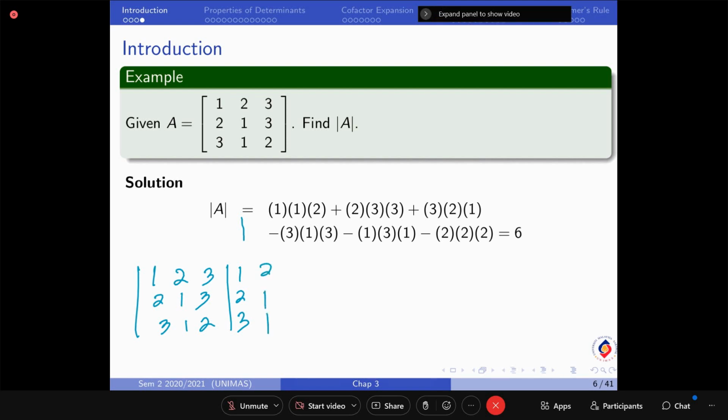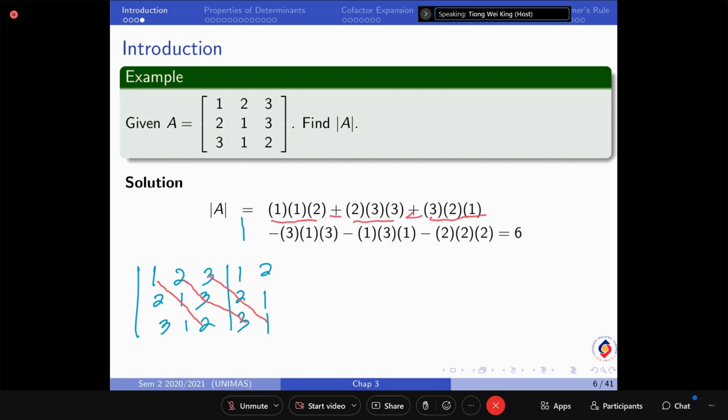Then you do the products. 1 times 1 times 2, you get this, and then plus 2 times 3 times 3, you have that, and lastly 3 times 2 times 1, you have this, so another plus.